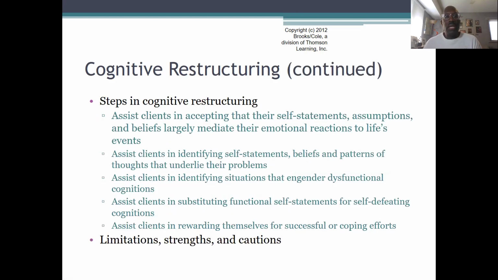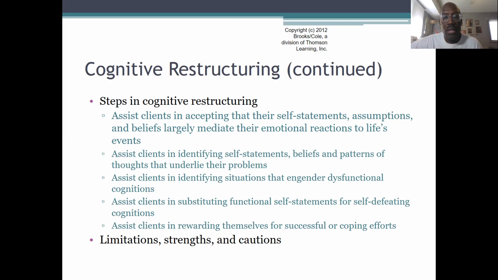So it really involves these steps here. It's about accepting the self-statements, assumptions, and beliefs that mediate a person's reactions to their life events. We all experience stress and trauma at some points in our lives, and how we deal with them becomes very important.